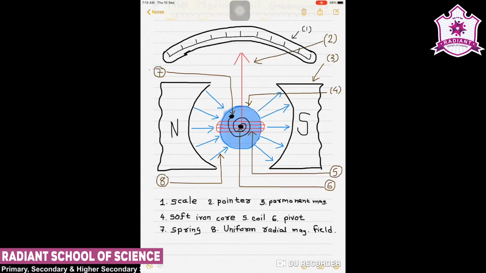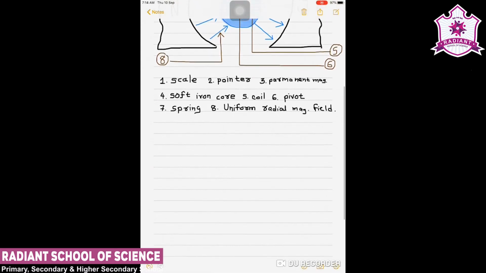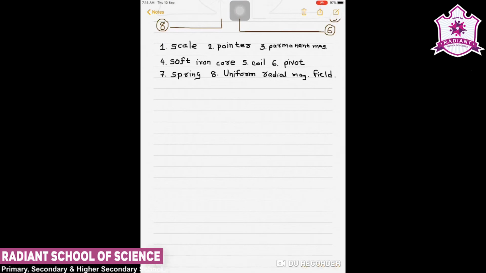The basic reason is that suppose we do not put this soft iron core, then what will happen? Then the distance between the north and south pole of the permanent magnet becomes non-uniform. For that, I would like to show you what can happen.